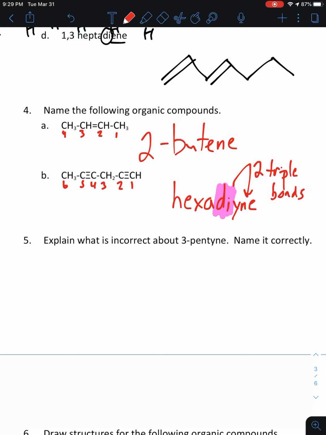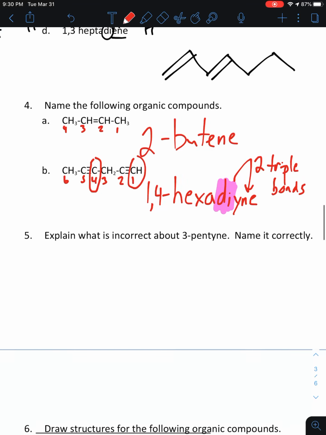And what carbons are those triple bonds on? Well, it looks like we're on the first carbon and the fourth carbon. We count the first carbon that comes to the double or triple bond. So this would be 1, 4. Normally hexane, but it's hexyne because of the triple bond, and di because there's two triple bonds. 1,4-hexadiyne.